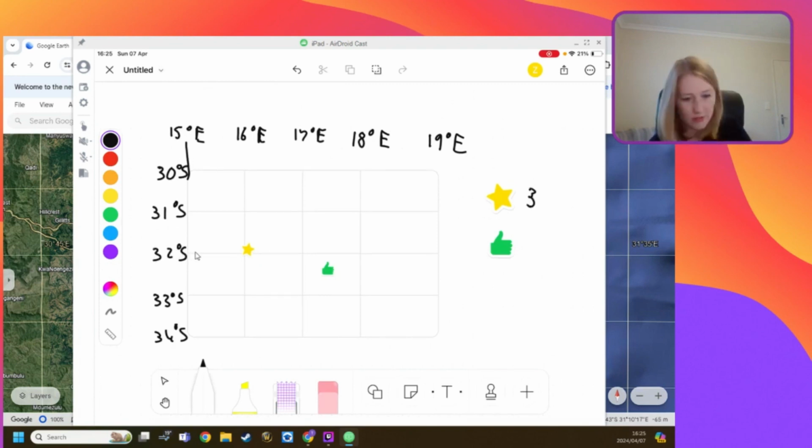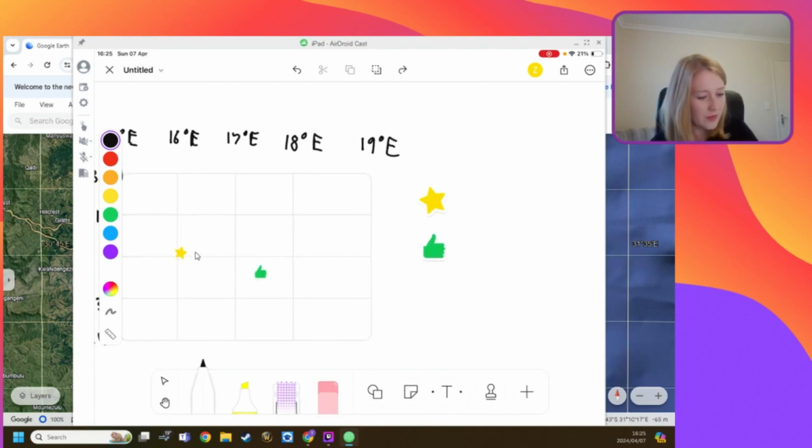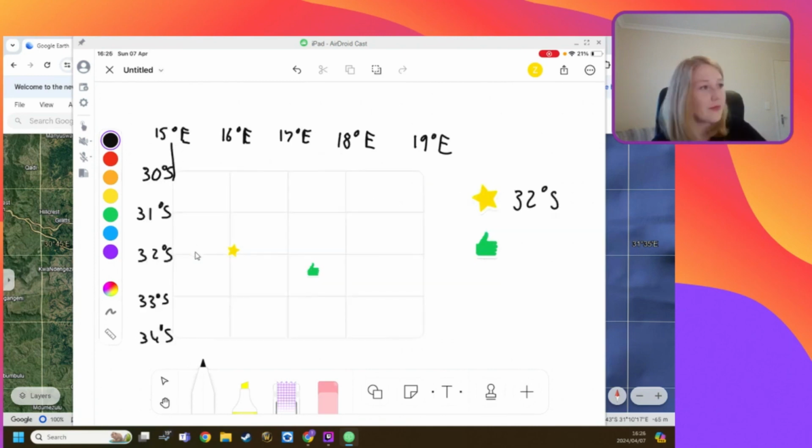32 degrees south. Great. And then you look at the east-west. So we have 16 degrees east. So there's my star, follow my line of longitude, and I get to these 16 degrees east.